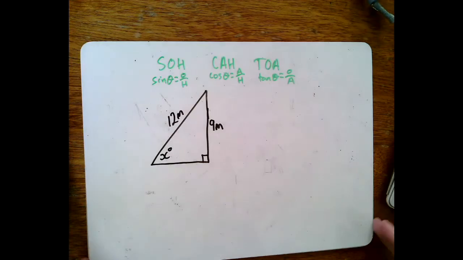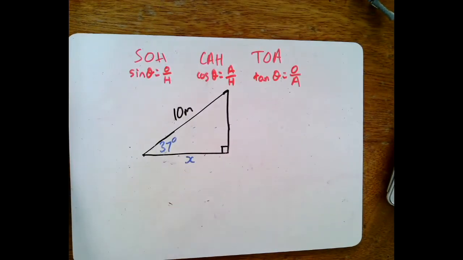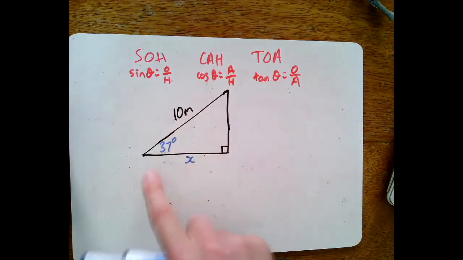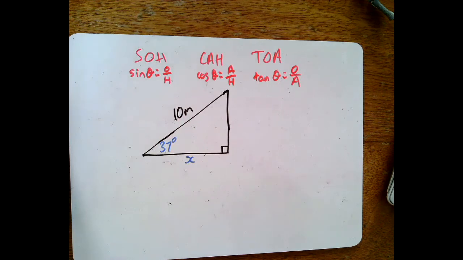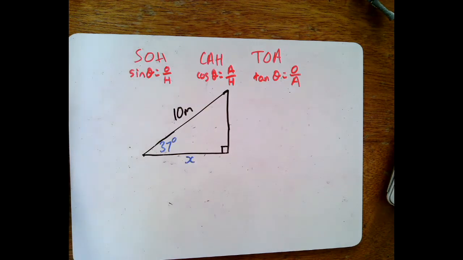Now those ones will look different. That will look like this. So we've got the angle there, we've got 10 meters, and we've got the unknown side length on the bottom there. Now, you should be able to tell that from the question, or some of them might say, find the missing angle, find the missing side. If not, we can see based on the information that we've got there what it is that we need to find.